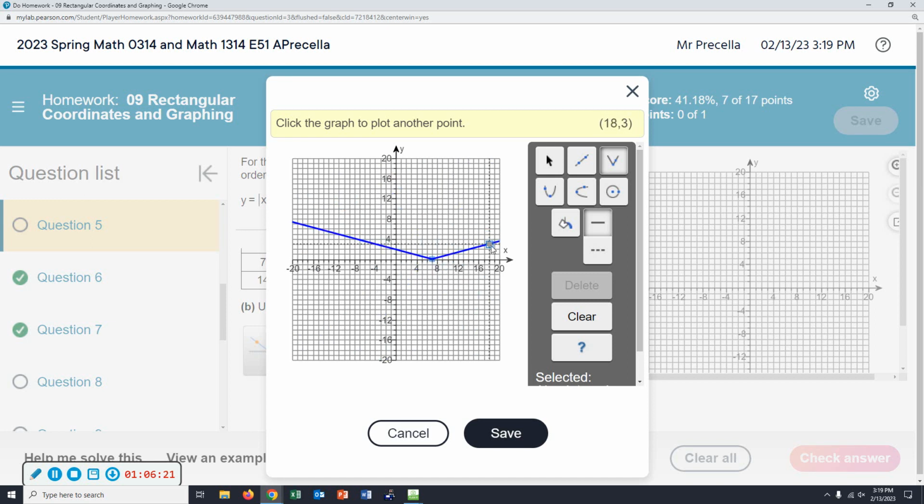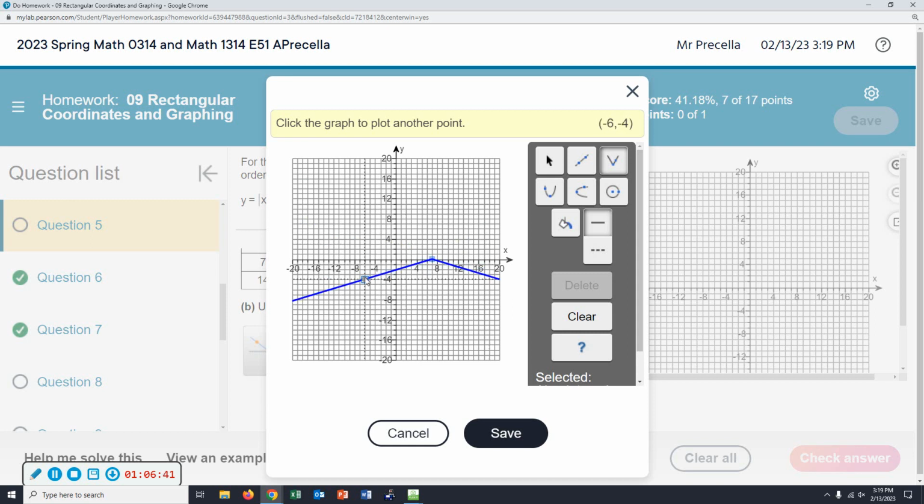What does it say to do now? Plot another point. It doesn't matter which of the other 2 points you plot, but you've got to plot the vertex first, then either plot negative 3, 10 or 14, 7. Which one do y'all want to plot?